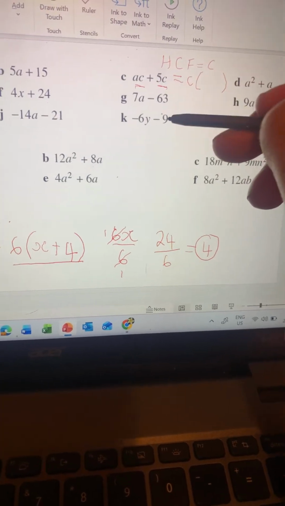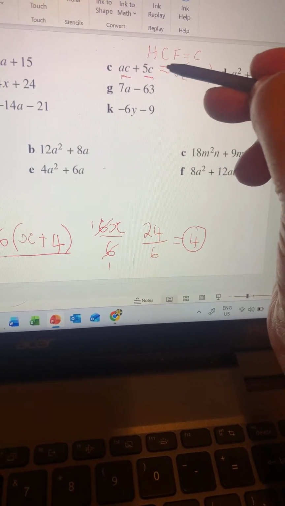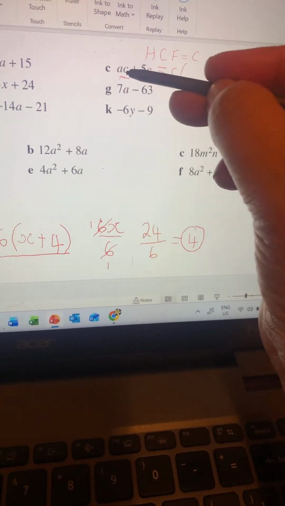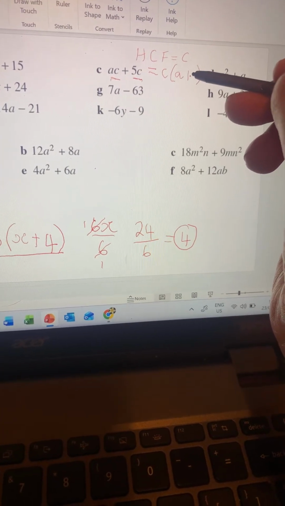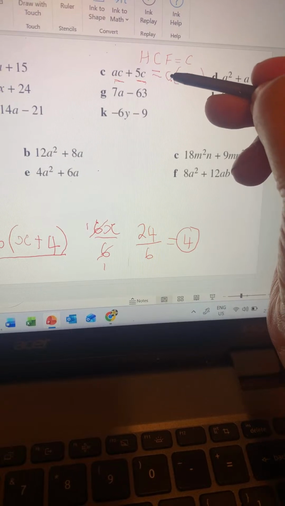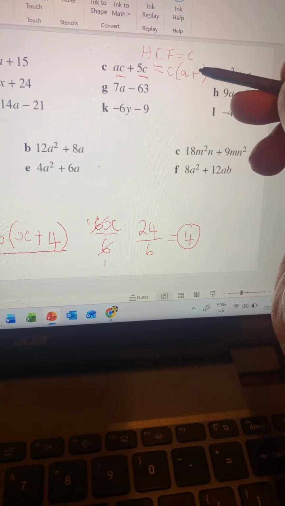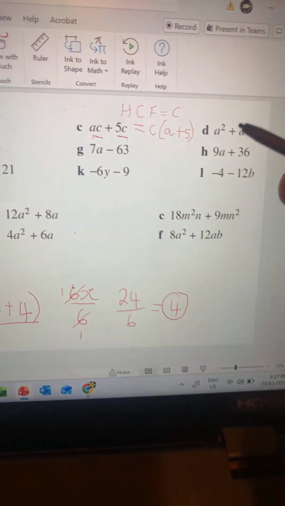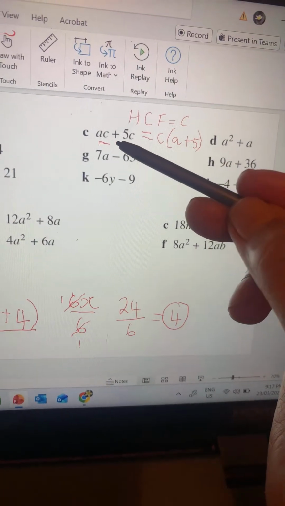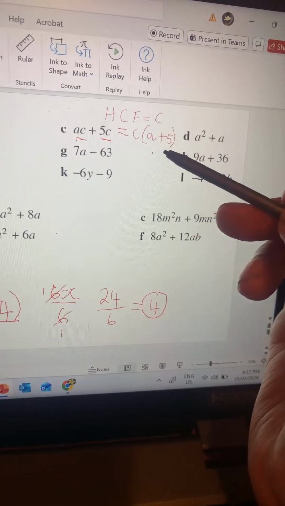So now, to find what goes in the bracket, we go C times A, which gives AC. So we write A inside the bracket, okay? And then we go C times 5, which is equal to 5C. So 5 goes in the bracket. So now that's pretty easy. So the factorized form of AC plus 5C is C open bracket A plus 5.